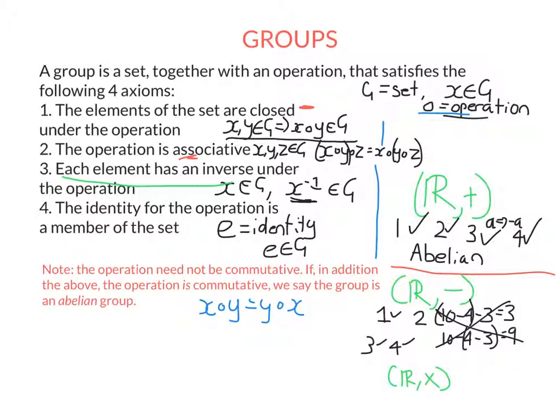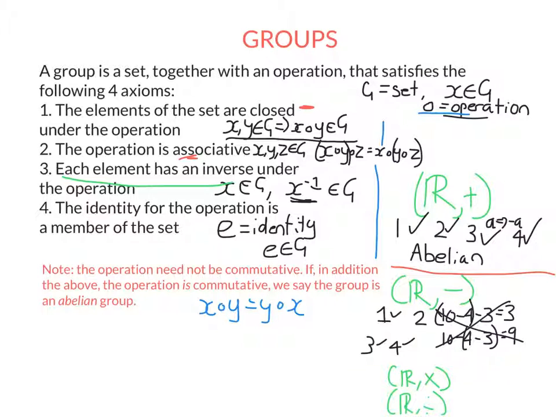So if you wanted to look at the real numbers under division, well, actually quite a few of the axioms are not satisfied. The first one isn't satisfied because if you divide by 0, it's not a real number. 4 divided by 0 is not a real number. Division is also not associative.